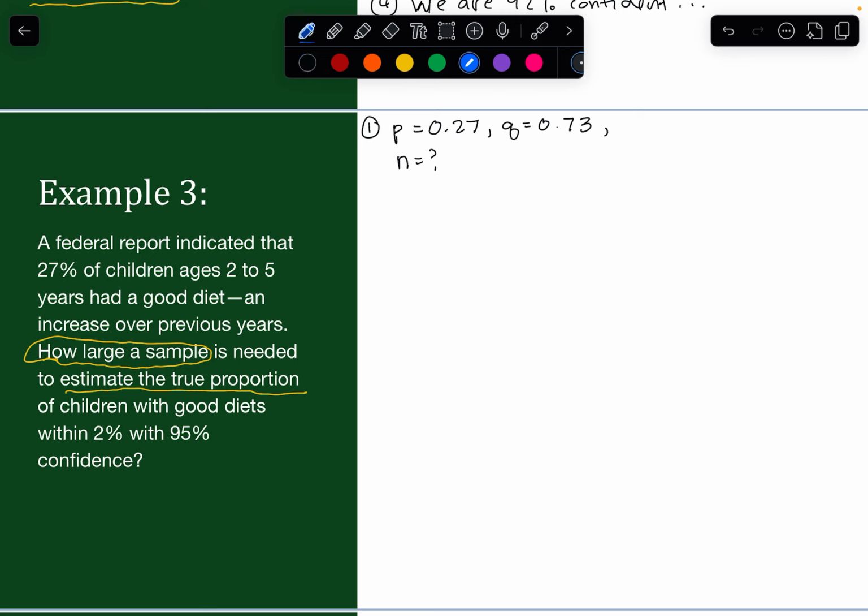And we've seen that phrasing before. We know that within 2% means margin of error. That's the EBM. So my error bound measurement, my margin of error, is 2%, which is 0.02. And I know my confidence level is 95%, or 0.95.